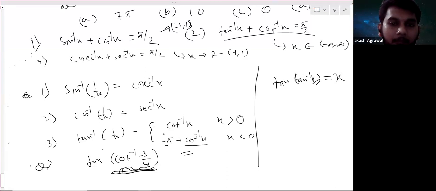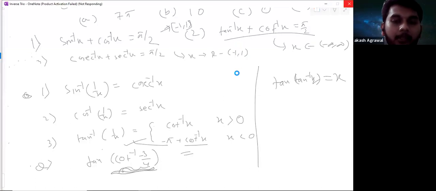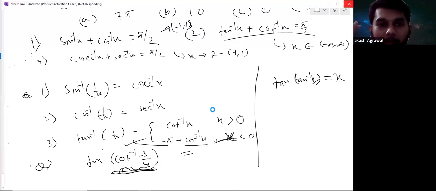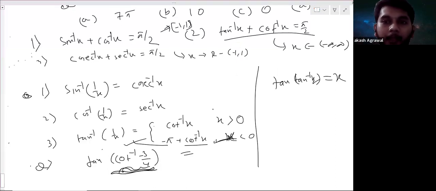So better to use this, क्योंकि most of the cases में मैंने देखा है students forget this formula. चाहे नेगेटिव हो पॉजिटिव हो, सीधे cot inverse x लिख देते हैं 1/x को, right? But ऐसा नहीं होता. Okay? So better to use this formula, right?